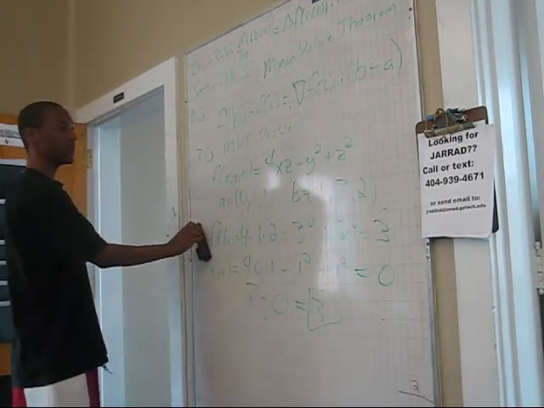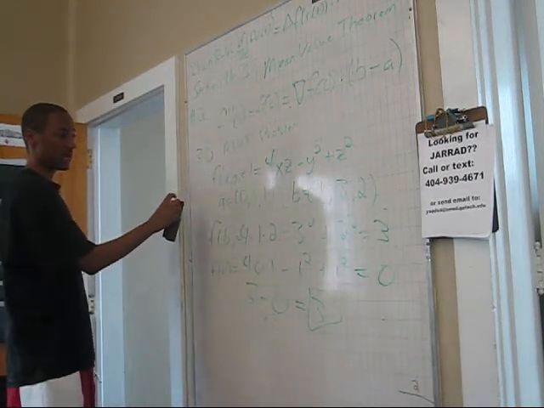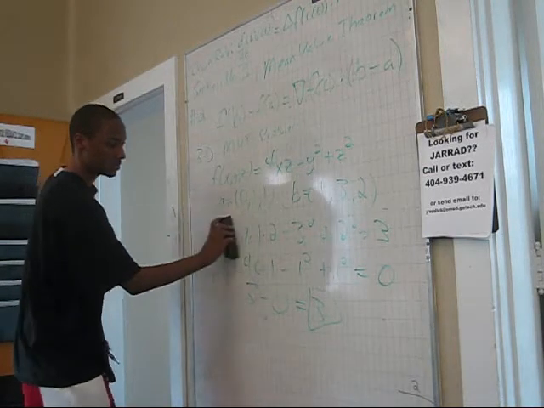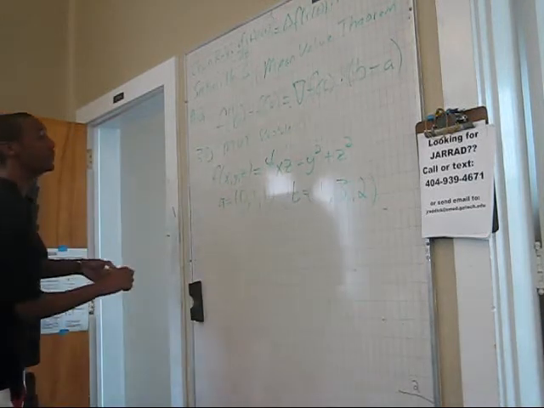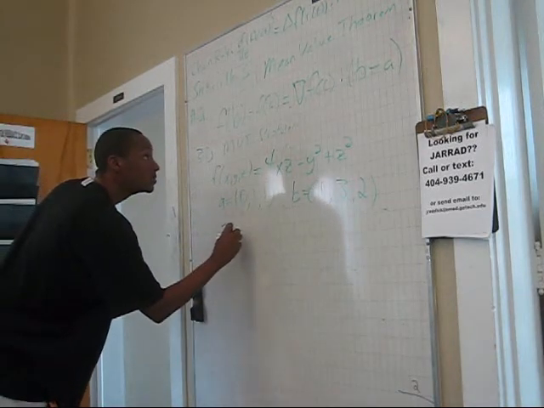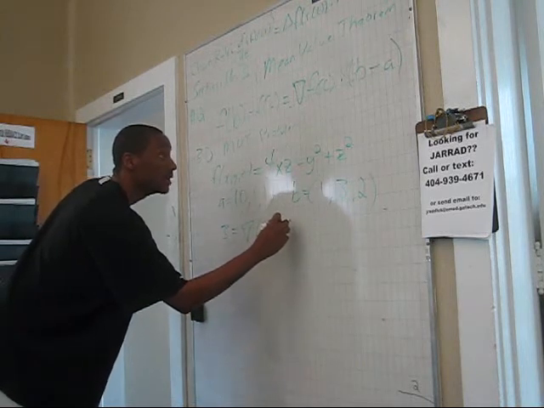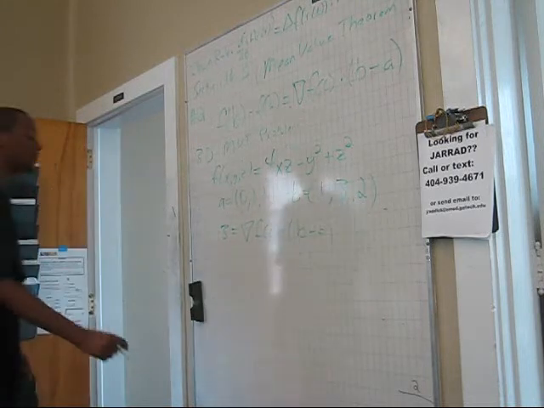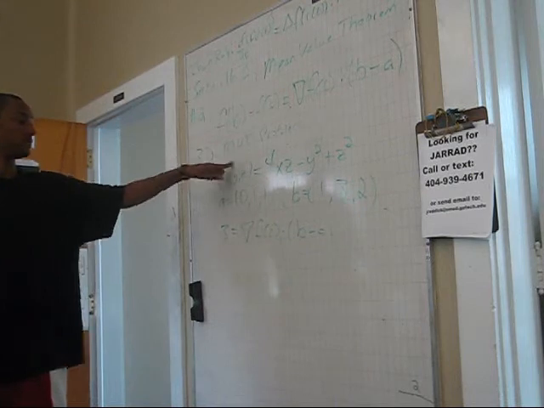So we can rewrite this expression as 3 equals the gradient of f of c dotted with b minus a. So what's the gradient of f?